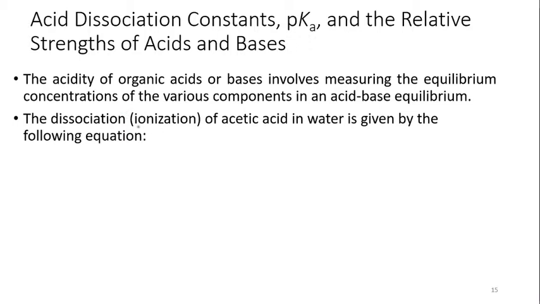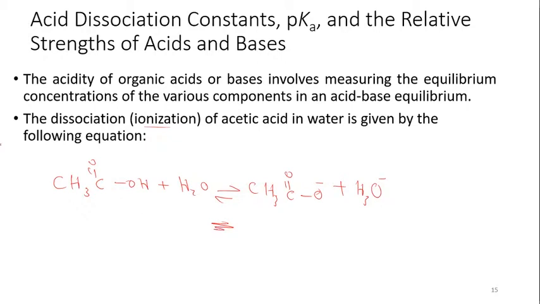If I look at the dissociation of acetic acid in water as an example, I have C double bond O, OH, plus water in equilibrium with my acetate ion. So I need to define the equilibrium constant of my reaction.